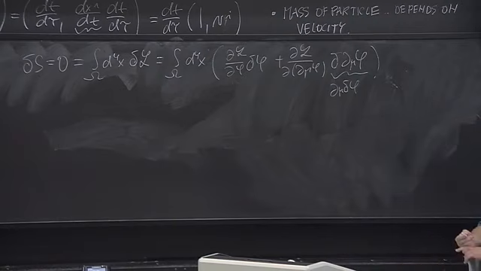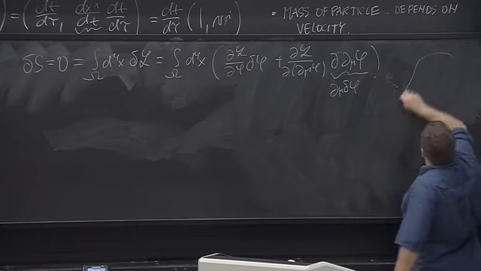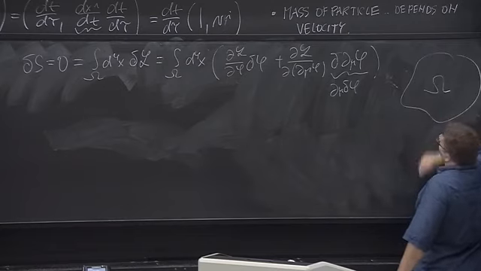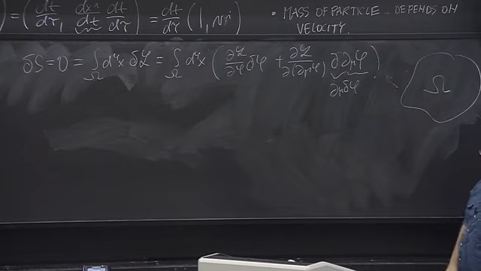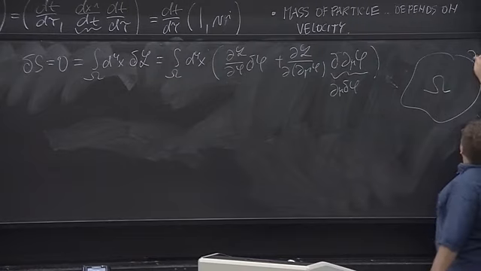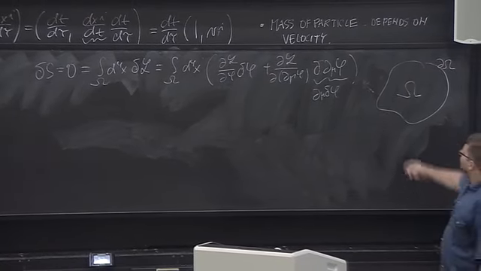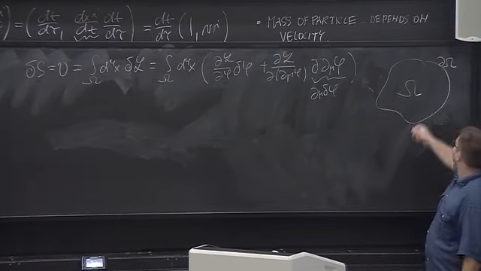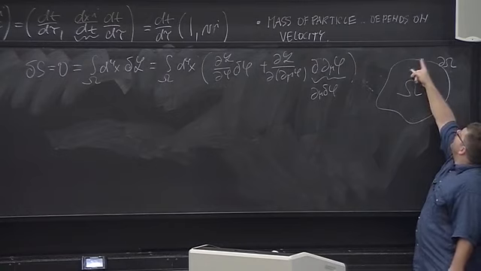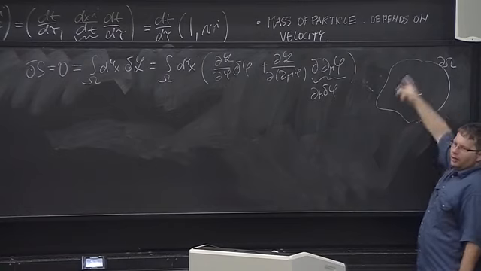So now this is your space-time domain Ω, and that has some boundary ∂Ω. So of course, when you are integrating by parts, you will pick up a boundary term which lives on this ∂Ω.